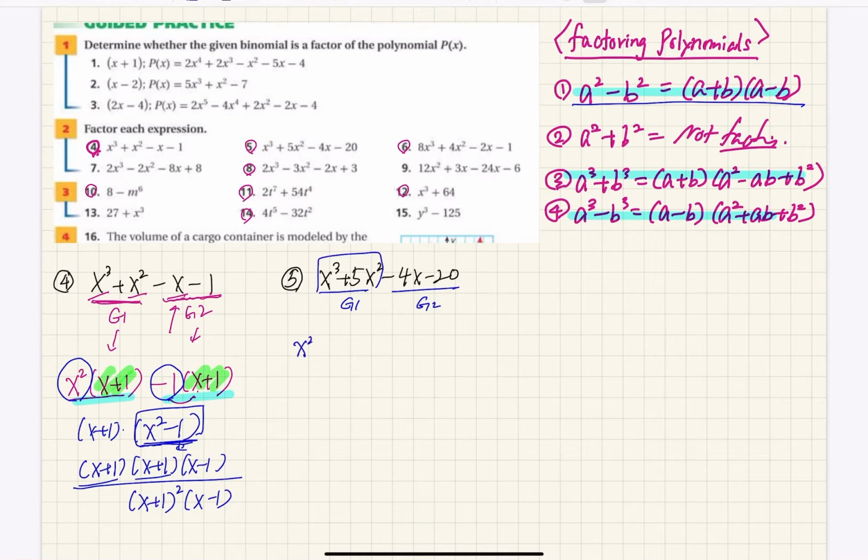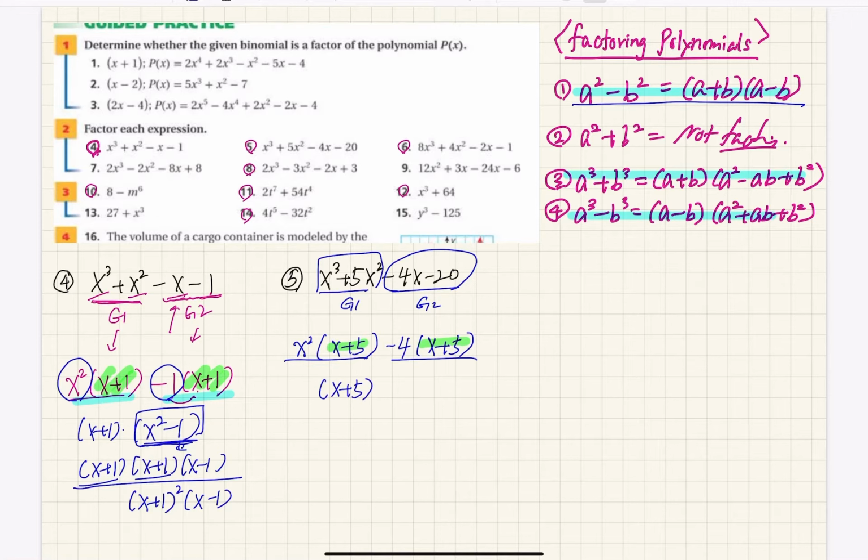So x squared out, and inside the parentheses, you put the remaining terms, x plus 5. In the second group, take out negative 4, not positive 4. So negative 4, and then you put the remaining terms inside the parentheses, x plus 5. All right, now you can use x plus 5 as another common factor between these two terms. So take x plus 5 out.